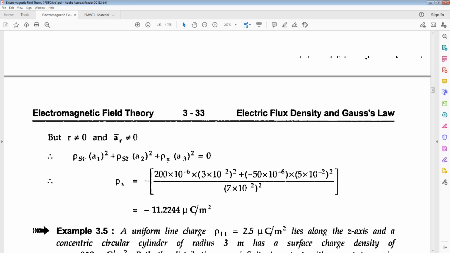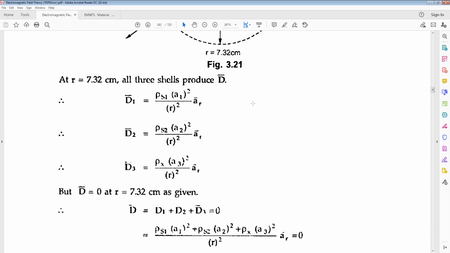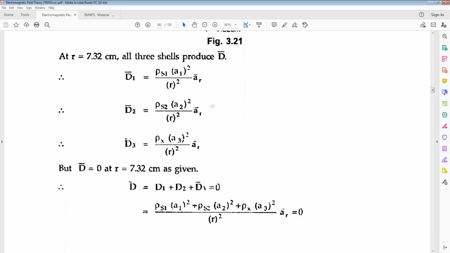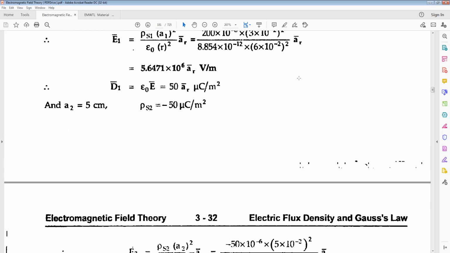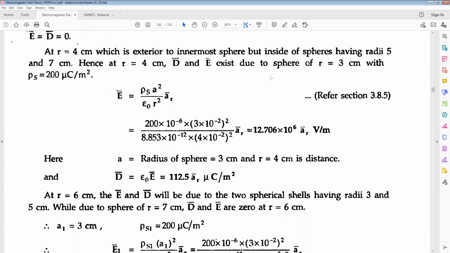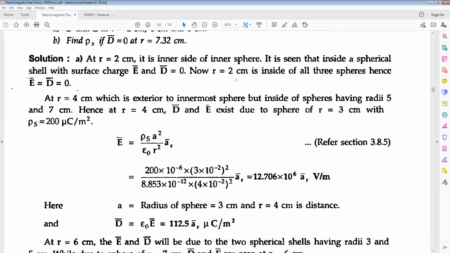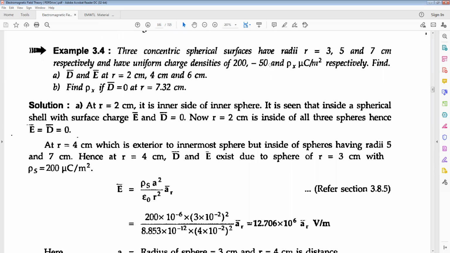rho s is equal to, because the rho s1 and the rho s2, and here the rho s is there. Rho s1 is given, substituting here, and the rho s2 is also given. So what is the rho s here? Rho s is minus 50 microcoulomb per meter square.